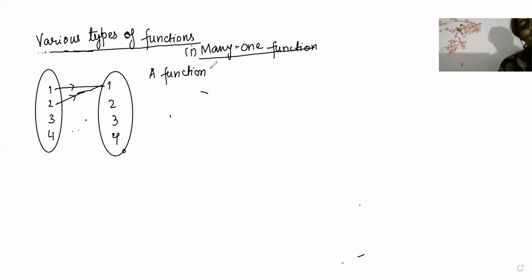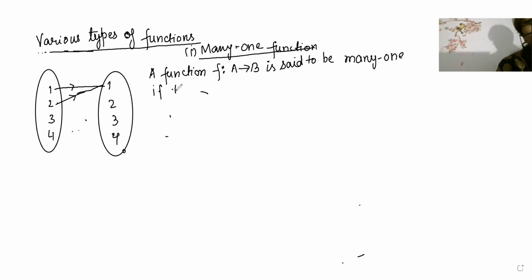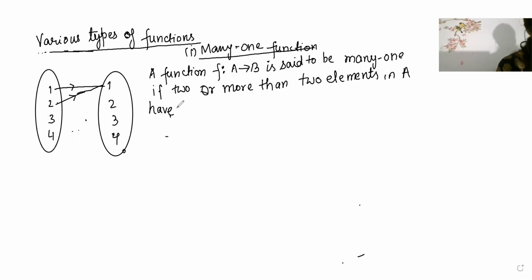A function f such that A tends to B is said to be many-one if two or more than two elements in A have the same image in B. As simple as it is.